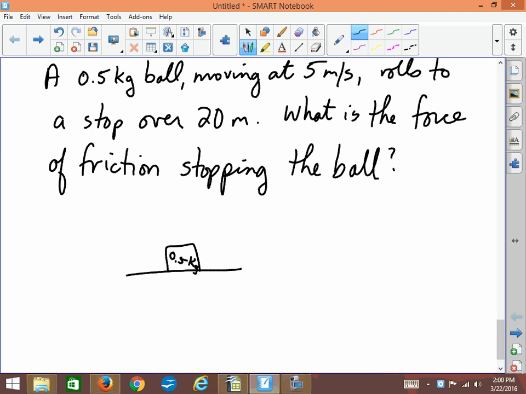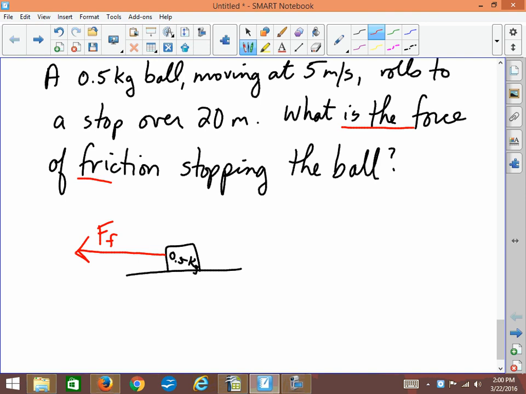It's just rolling because it was rolling when we started the question. So here's a question where there is no applied force. And students often think there always has to be one, and there doesn't. But there is a friction force because obviously the question is asking for it. If we assume that the ball is rolling to the right, then the friction is what's causing it to stop by pulling to the left. Friction always pulls in the opposite way to which you move.